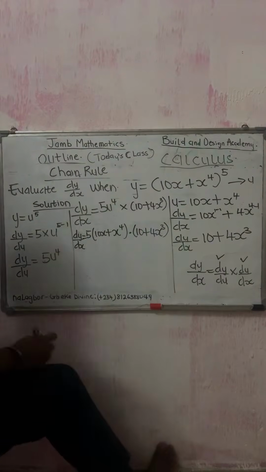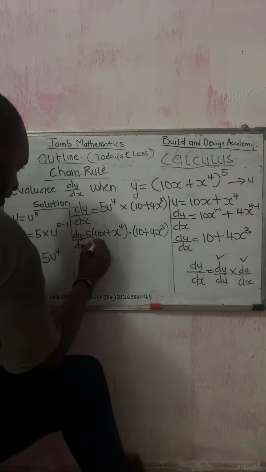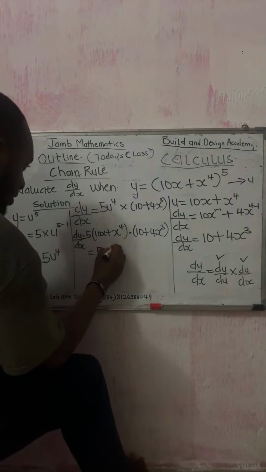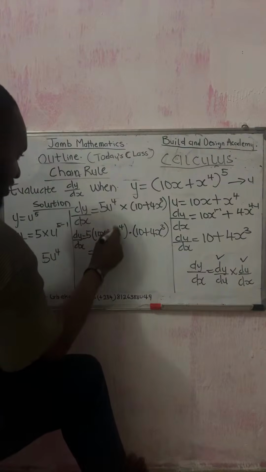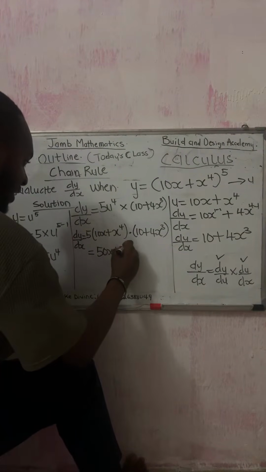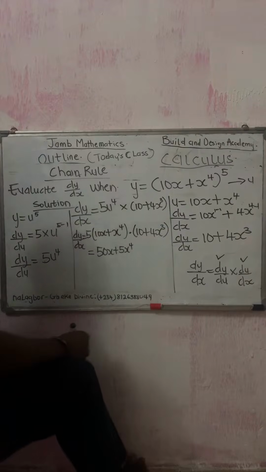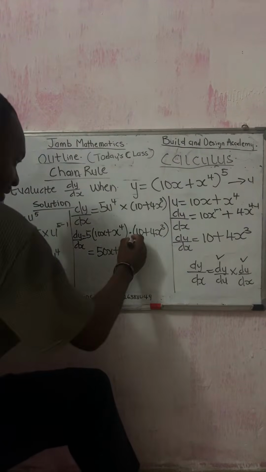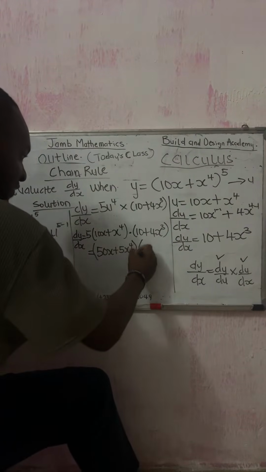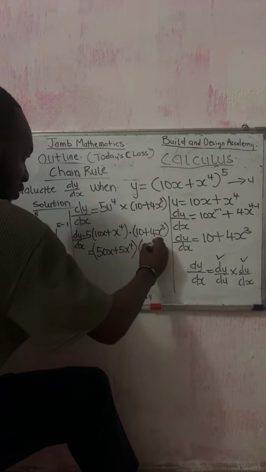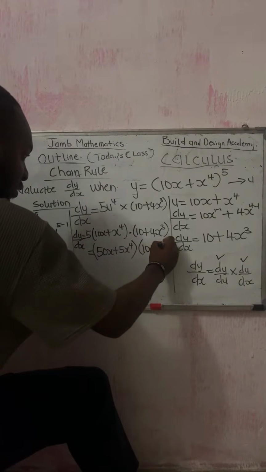So 5 times 10x will give us 50x, plus 5 times x raised to the power 4 will give us 5x raised to the power 4. Now everything in this bracket, we multiply everything in this bracket: 10 plus 4x raised to the power 3.